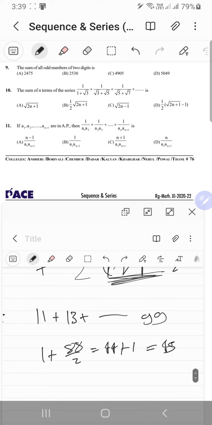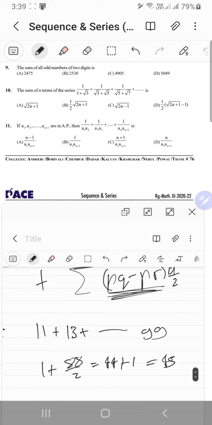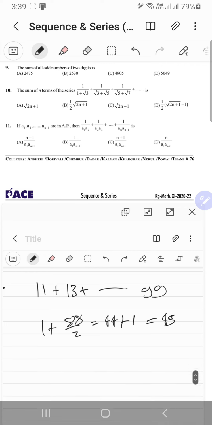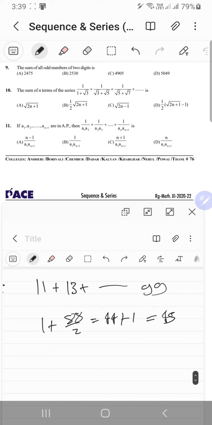Think about it, the total terms, if we start from 10 to 100, it's like 90 numbers, and then you take half of that, 45, because even and odd are in equal amounts. 10 is followed by 11, similarly. No, okay, we start from 11 and we go till 100.